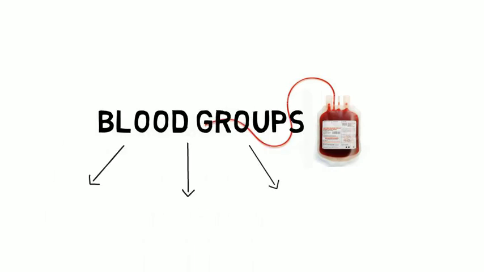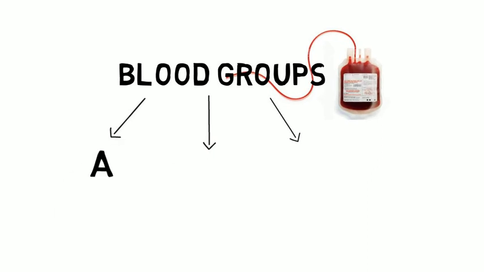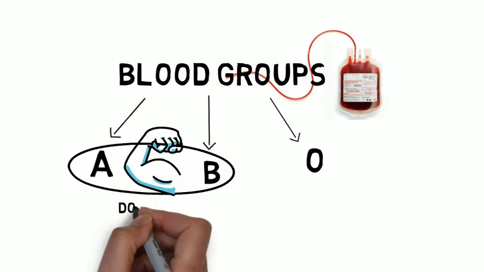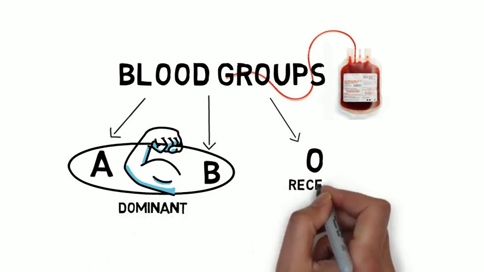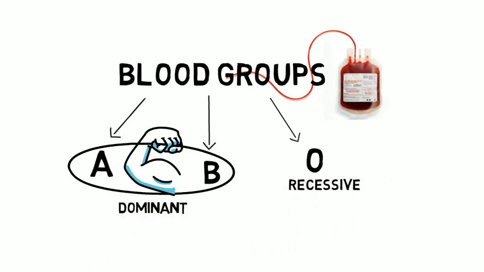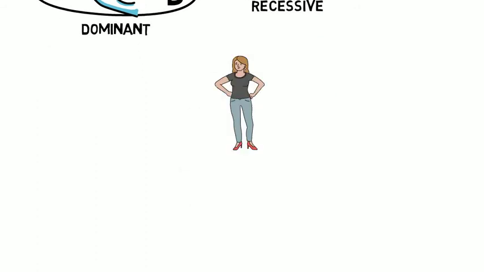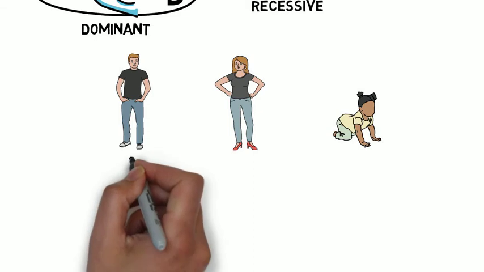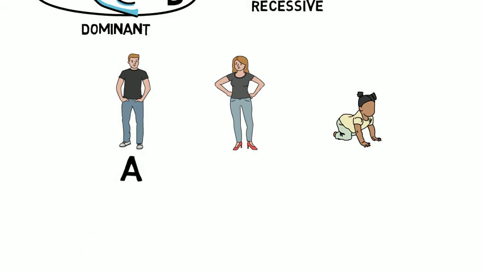Blood groups. Now we are studying blood groups, which are of three types: A, B, and O. A and B are the dominant blood groups, whereas O is the recessive blood group. Now we'll take an example of parents.